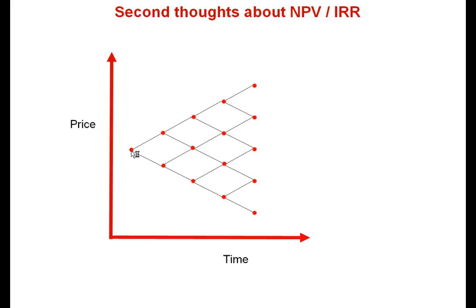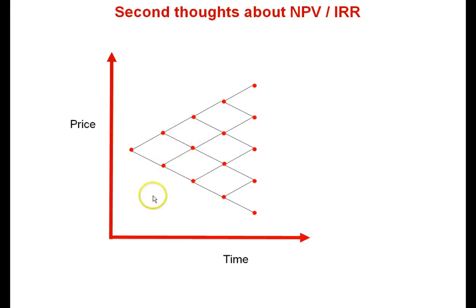It depends what happens to the cash flows. So we say there's a 50% chance of the value of the project going up, and there's a 50% chance of it going down, and so on. So we get to this point, again, 50% chance of it going up and a 50% chance of it going down.